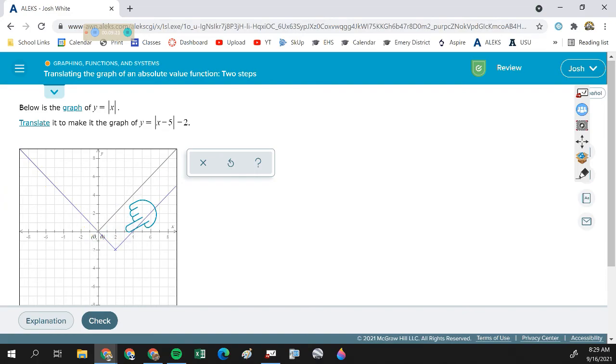It won't let me grab it, but I guess I can just, so right 5 and down 2. I missed, but you guys get the idea. Do you guys understand that?